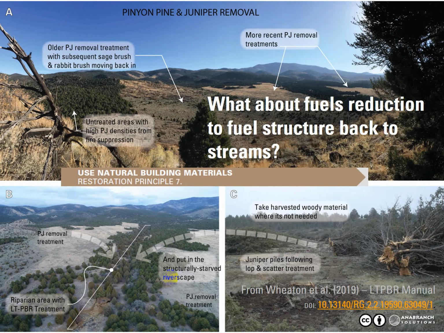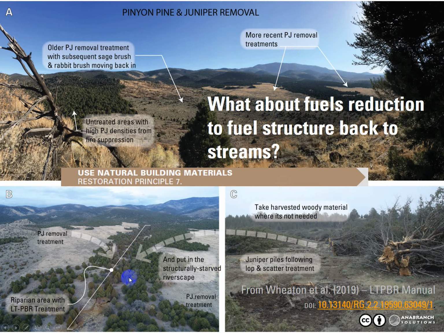In the West, there's a lot of concern about conifer encroachment, and largely because of fire suppression. We've changed our fire regimes, and so we have a lot higher densities. In this example, PJ, pinyon juniper, we're combining upland treatments where there's thinning and removal of PJ, and using that as the material to bring down in.